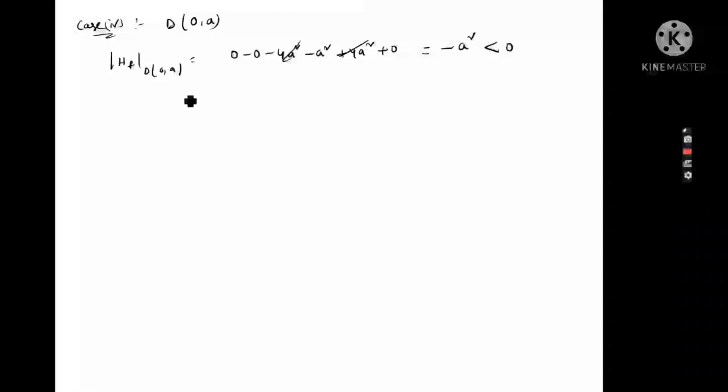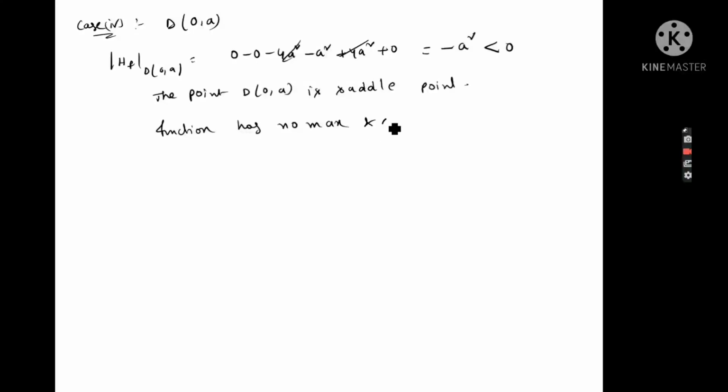Again it is a negative value. Therefore the point D (0, a) is a saddle point. That means at this point the function has no maximum and no minimum.